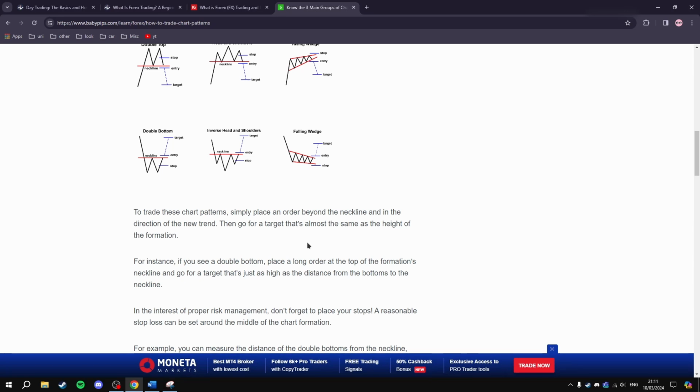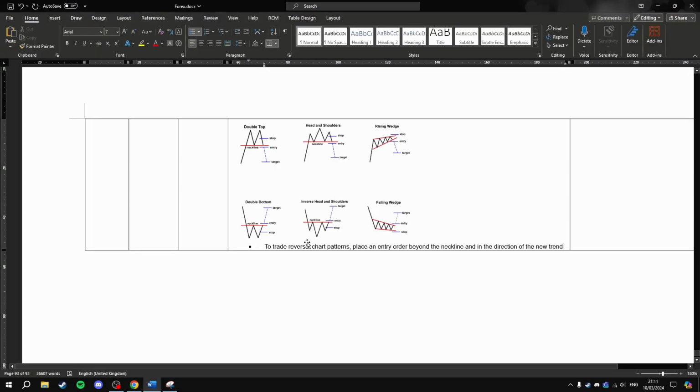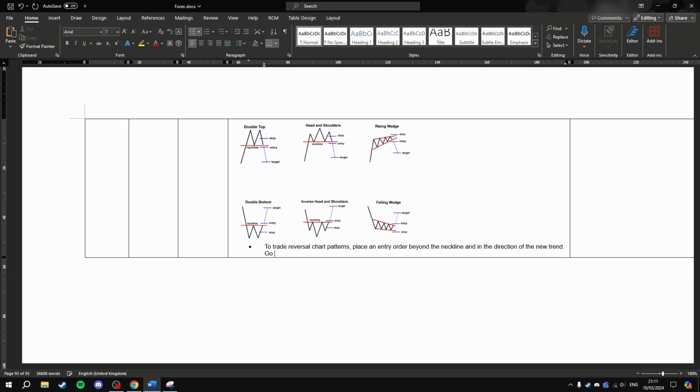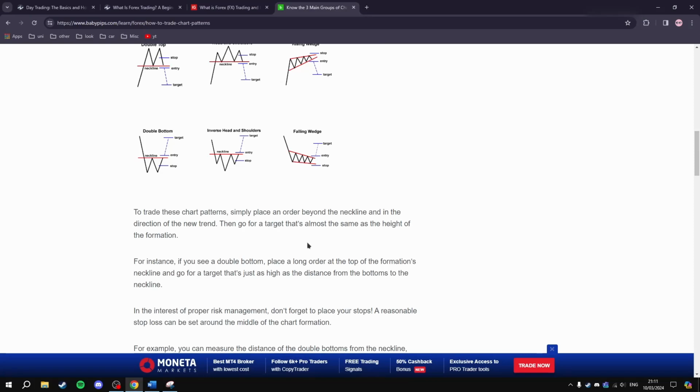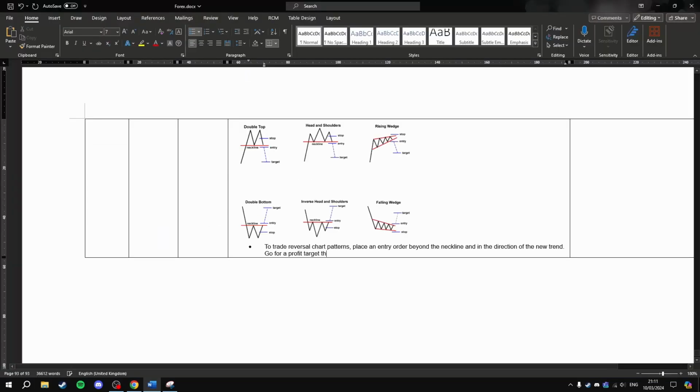Then go for a target that's almost the same as the height of the formation. Go for a profit target that's almost the same height as the formation.